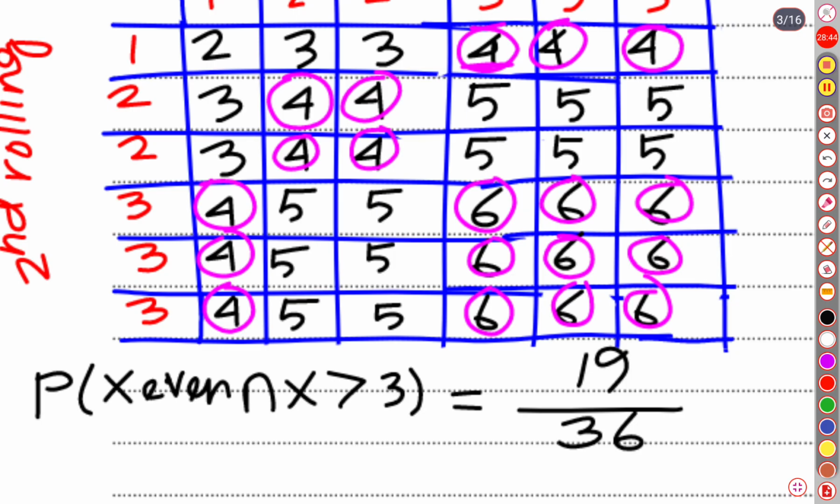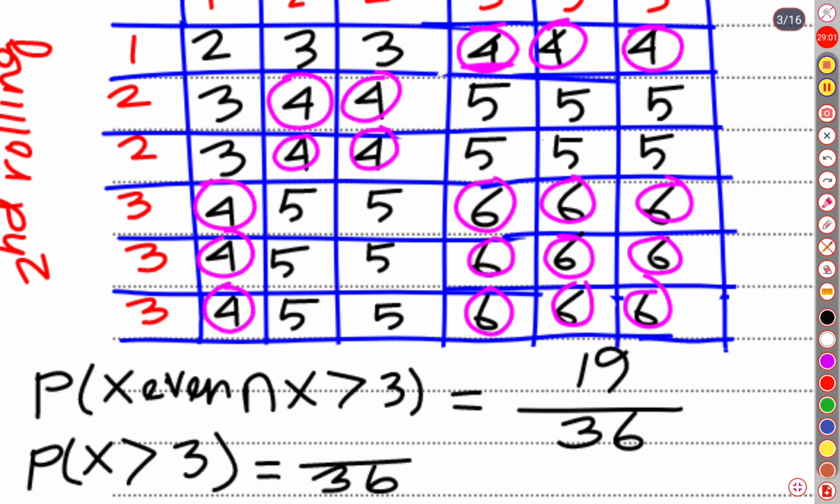Now we will find the other one, only x is greater than 3. So for greater than 3, what will be the probability? Total is 36. Well, then greater than 3 is going to be, look, all of these are greater than 3, and these should also be included, this 5, because 5 is also greater than 3.